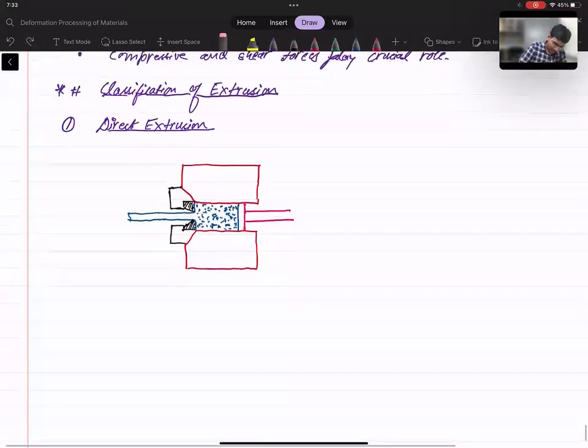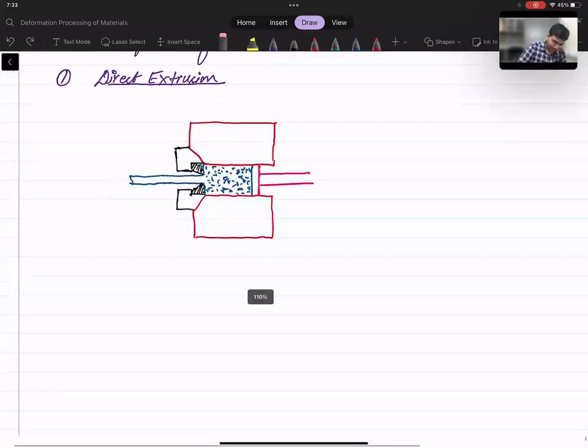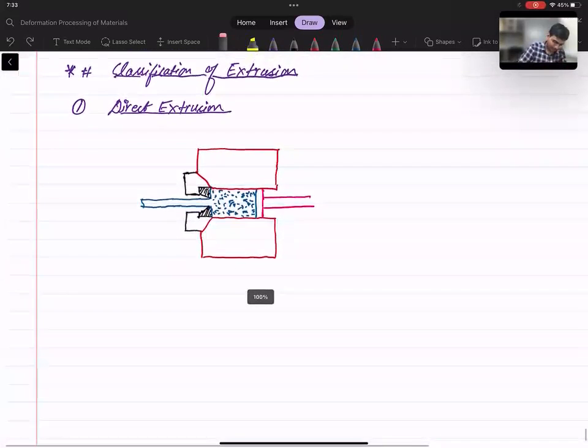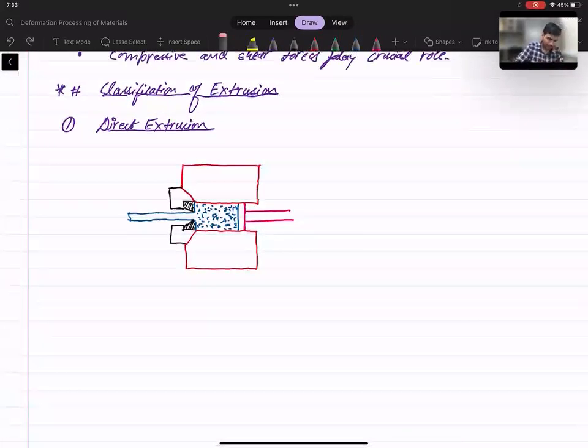This ram will press the material. This will push the billet to pass it through the orifice.